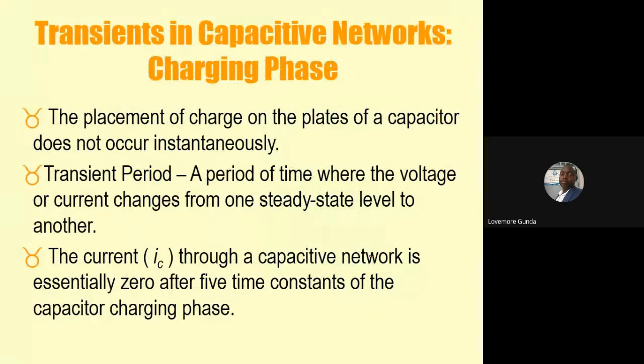Then the next thing that we want to look at will be transients in capacitive networks. In other words, when we expose the capacitor to a certain voltage, remember we said its voltage will not change instantaneously.